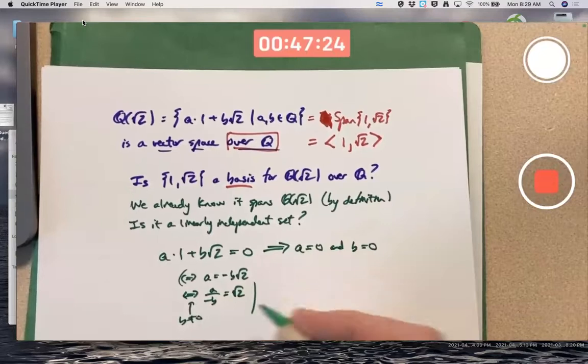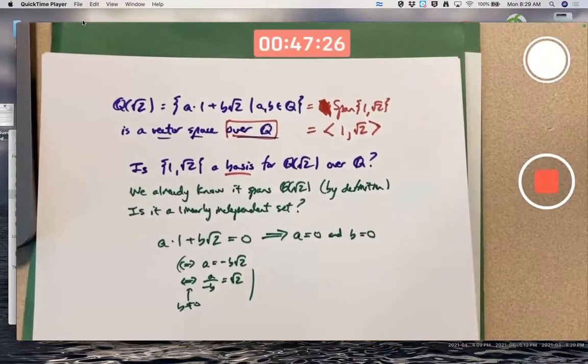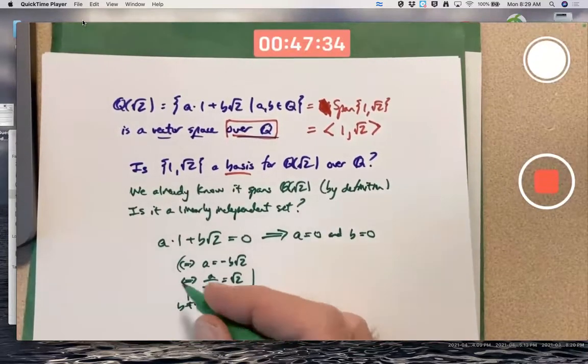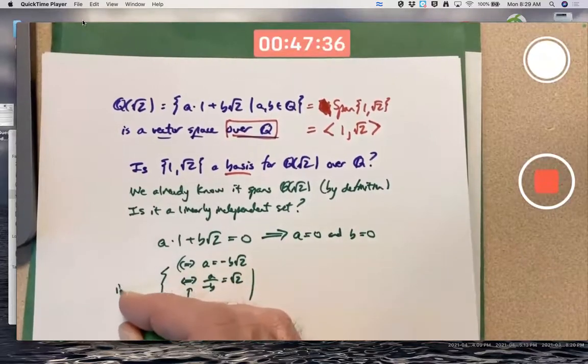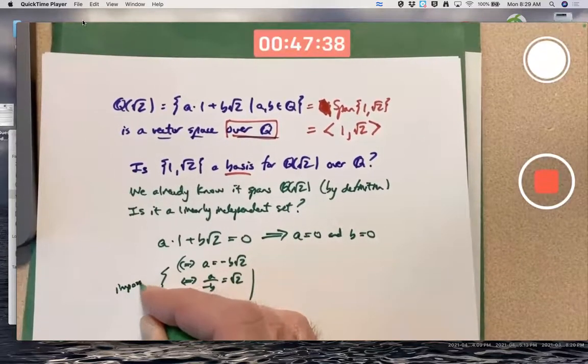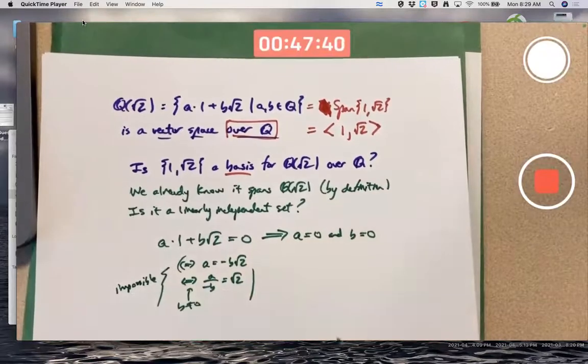But that's not possible because √2 is irrational. It can't be a rational number. This is impossible. Therefore, a and b are both 0. Therefore, this is a linearly independent set.